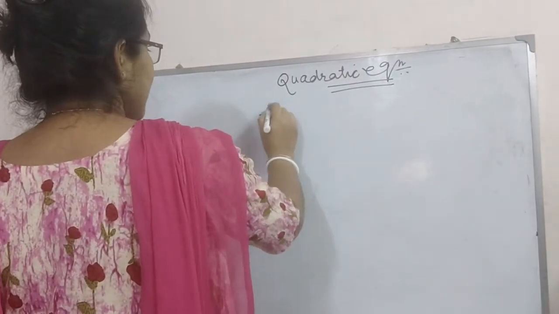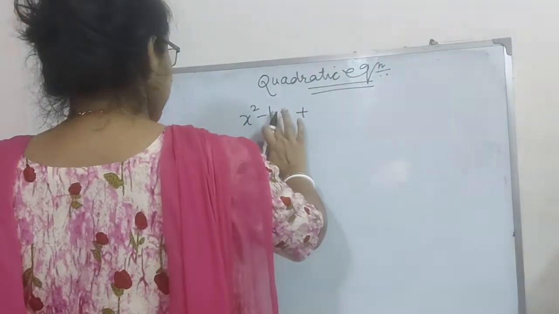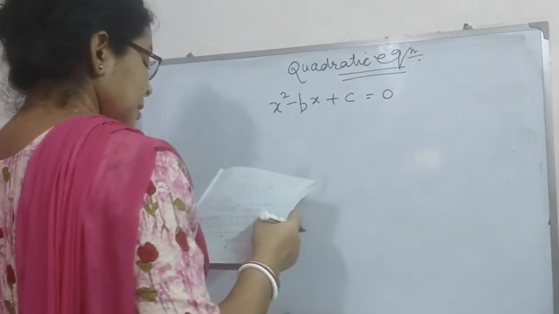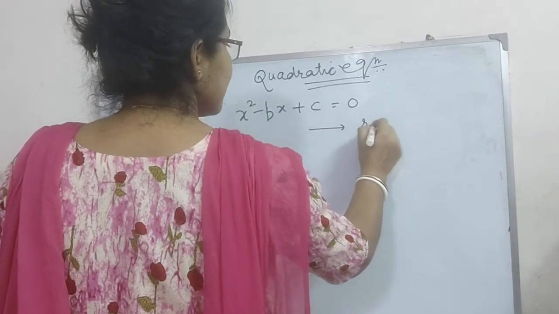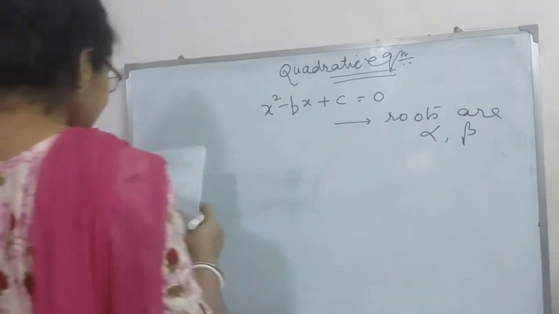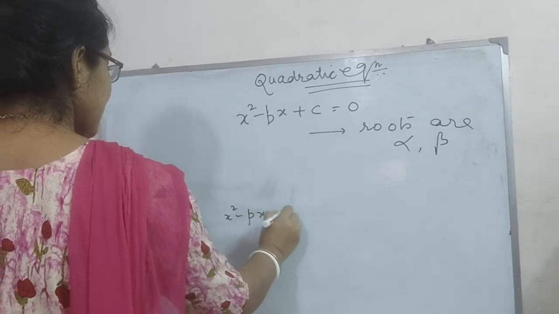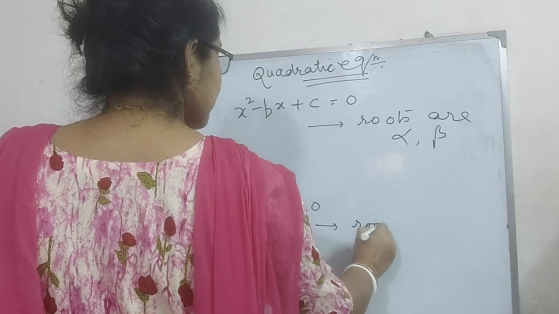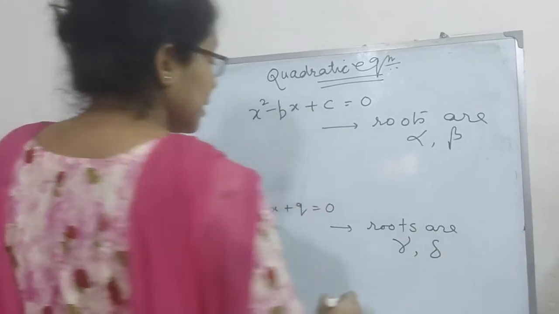That means it is given that this is one quadratic equation, x square minus bx plus c equal to 0, and its roots are alpha, beta, and the second quadratic equation is x square minus px plus q equal to 0, whose roots are gamma, delta.